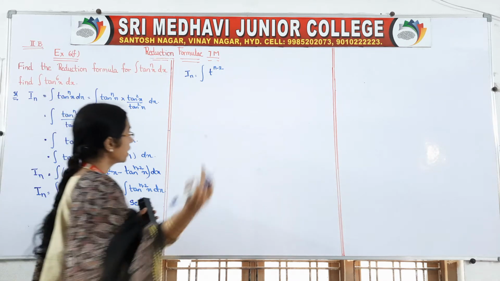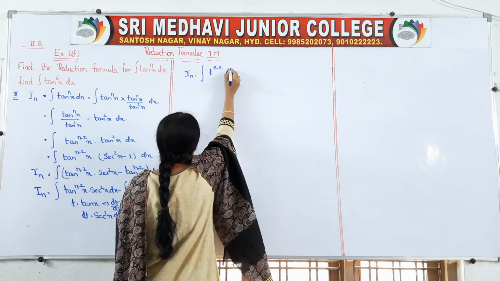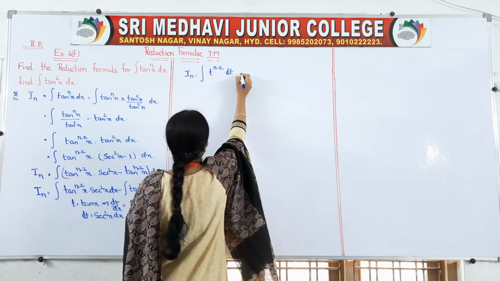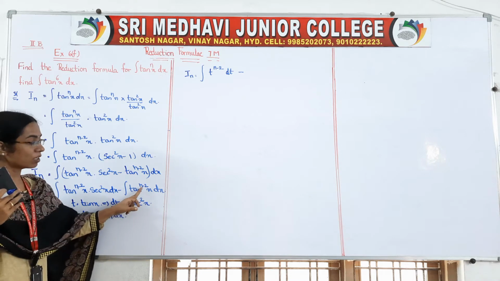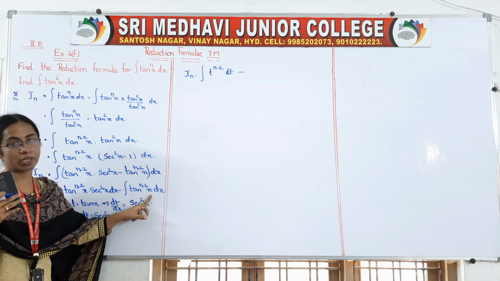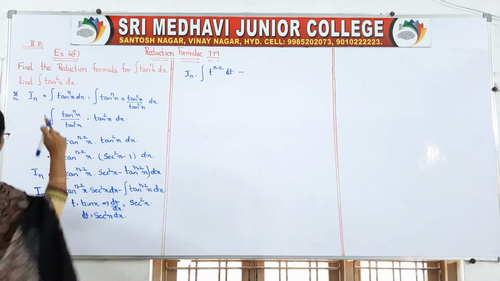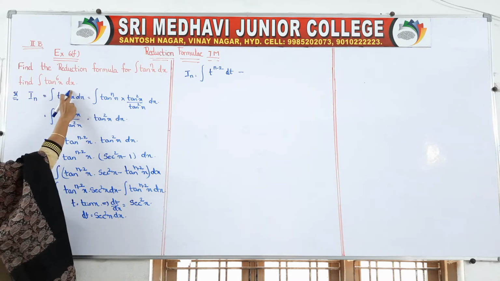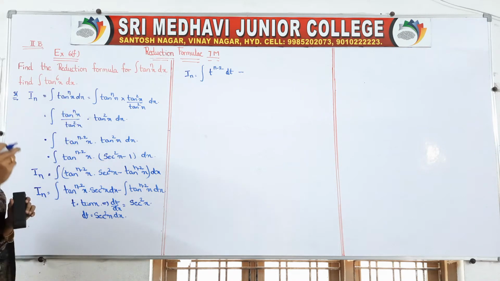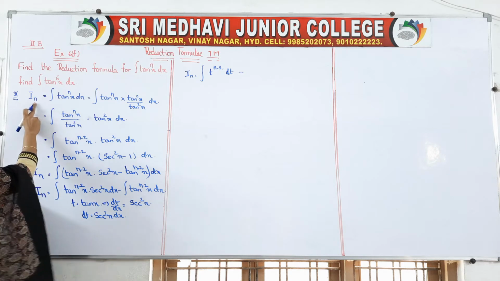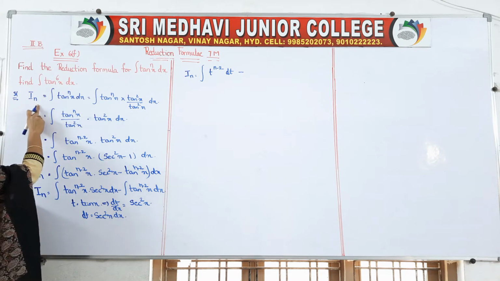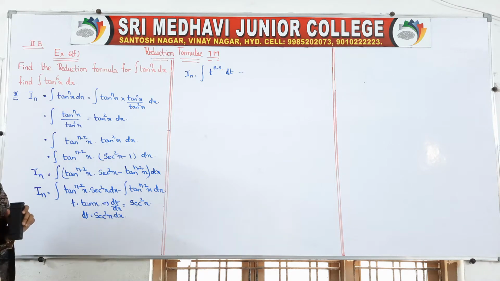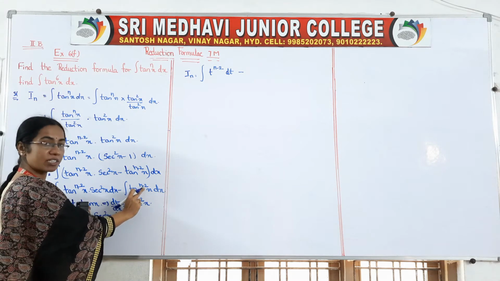So in its place we will write dt. Okay, so next minus, observe carefully, integral tan to the power of n minus 2x. We have taken In equal to tan to the power of nx. If the power is n, I have taken In. So if the power is n minus 2, this can be written as I n minus 2. So tan with power n minus 2.